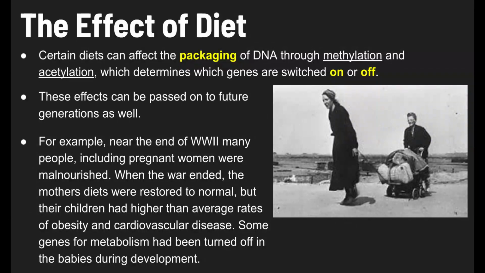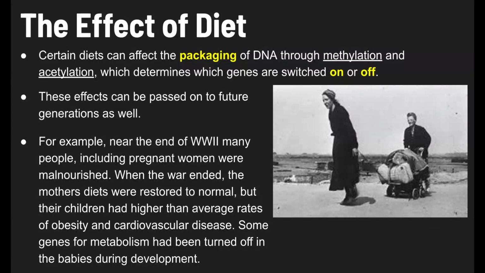So here's an example. Near the end of World War II, many people, including pregnant women, were malnourished. They weren't getting the nutrients that they needed. And when the war ended, those same mothers had their diets restored to normal. They were not malnourished anymore. They were getting the nutrients that they needed.